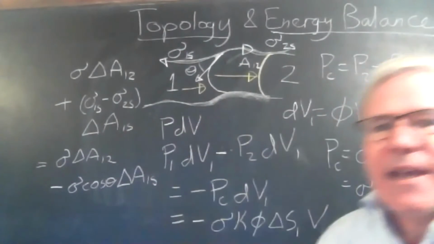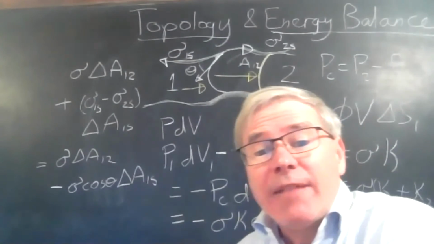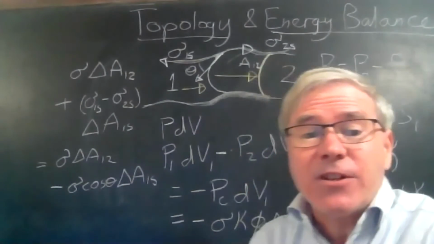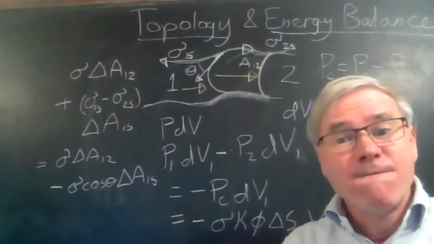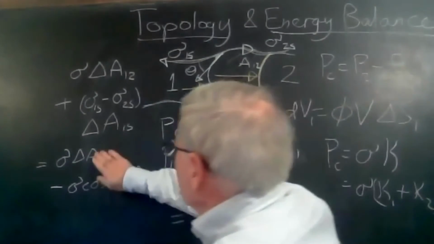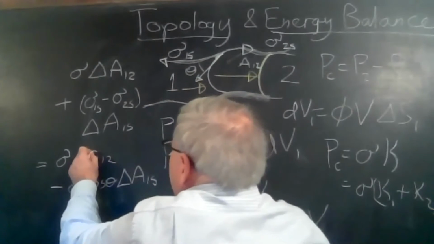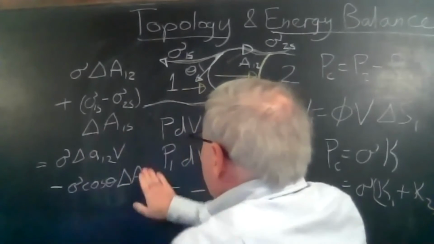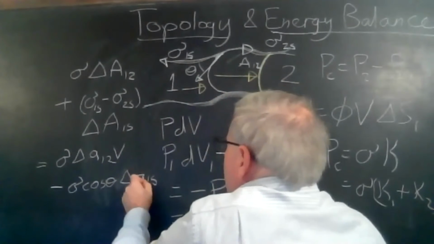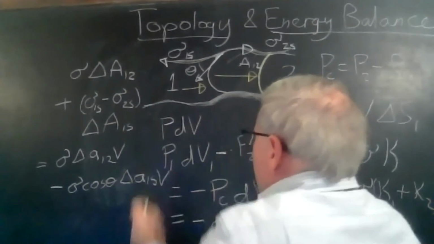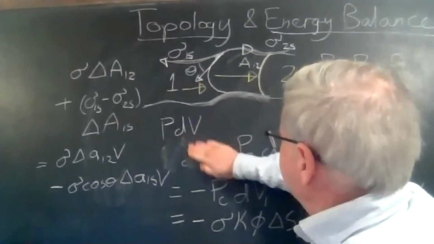And now we can write this. We've got volumes here. We normally write interfacial areas as what's called a specific interfacial area, so it's the interfacial area per unit volume. So we can write this as a little a times V, and we can write this as a little a times V. I'm sorry, things get a bit messy.